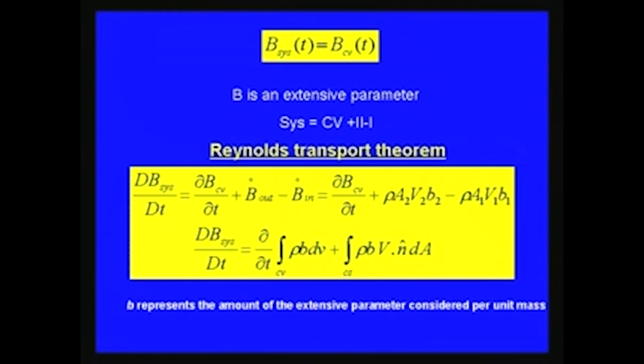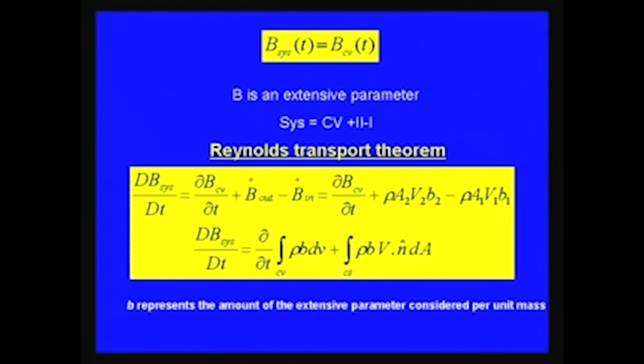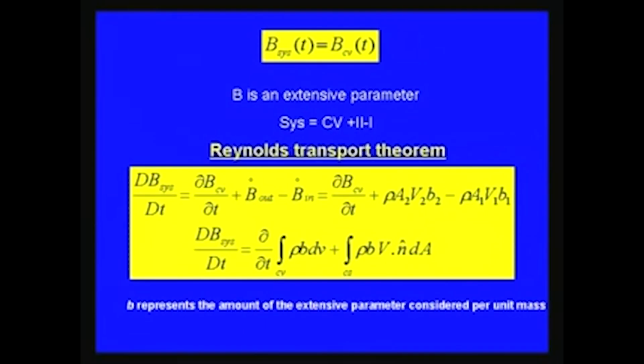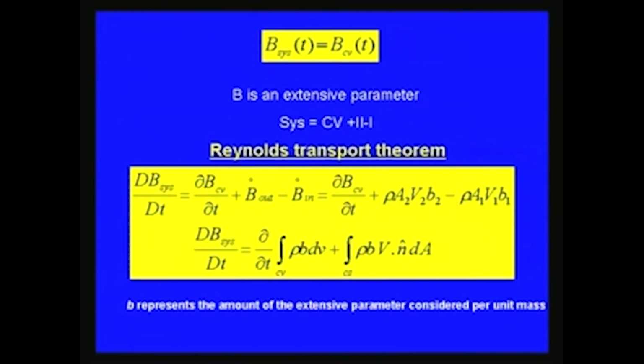Here in the slide, the system is control volume plus 2, which is described in this figure, and then minus 1 as shown in that figure.